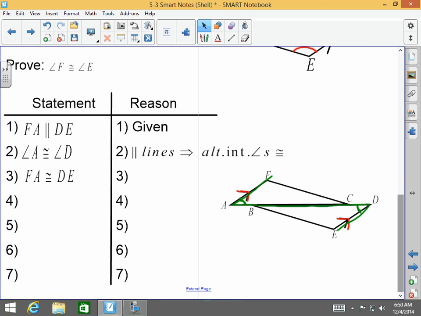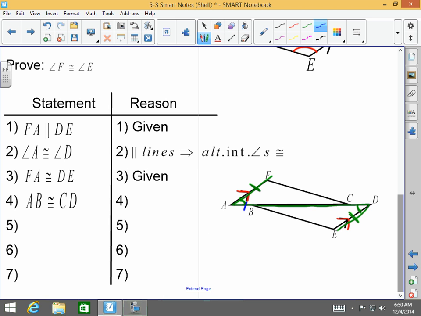FA is congruent to DE. So FA is congruent to DE. That is a given. They also tell you that AB is congruent to CD. So AB here is congruent to CD here.